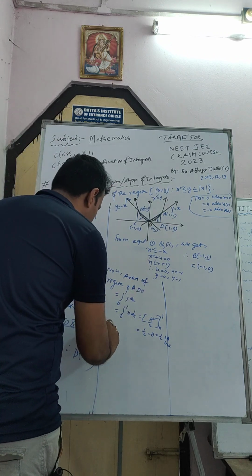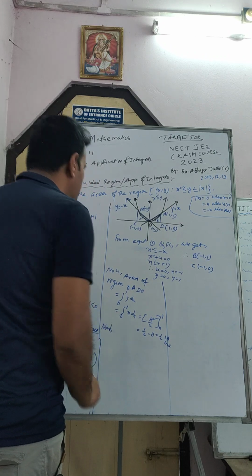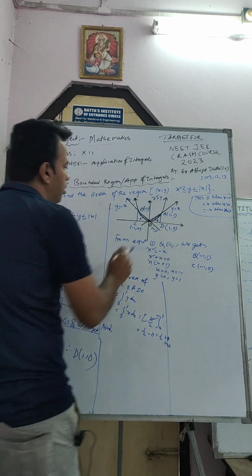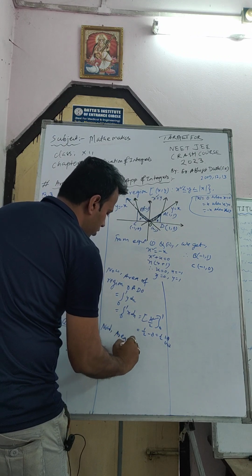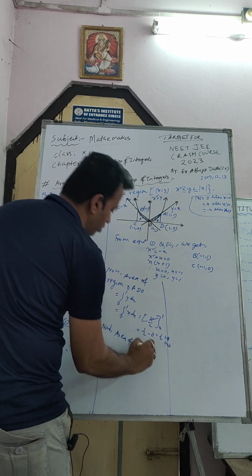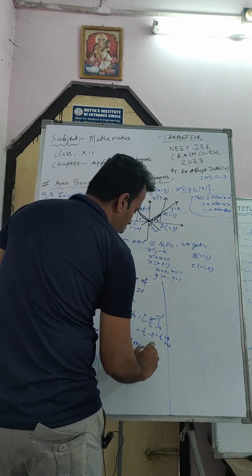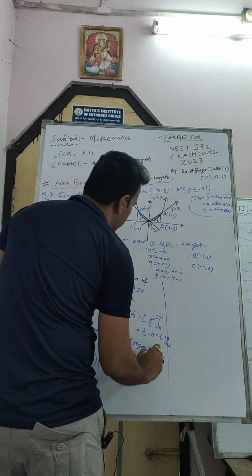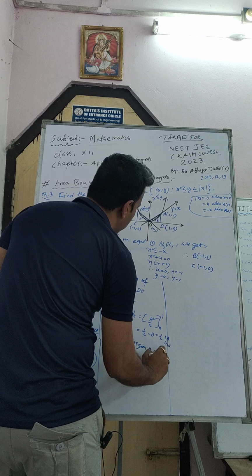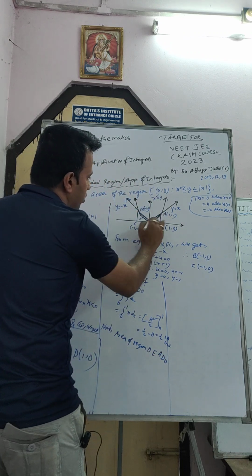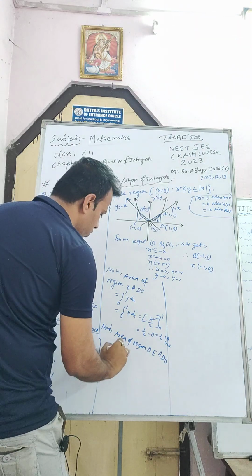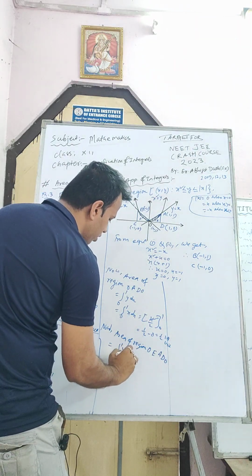Now the area of region OEADU, this lower portion, will be integration 0 to 1 y dx.